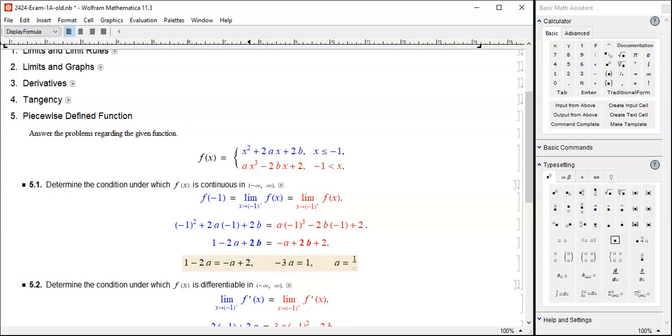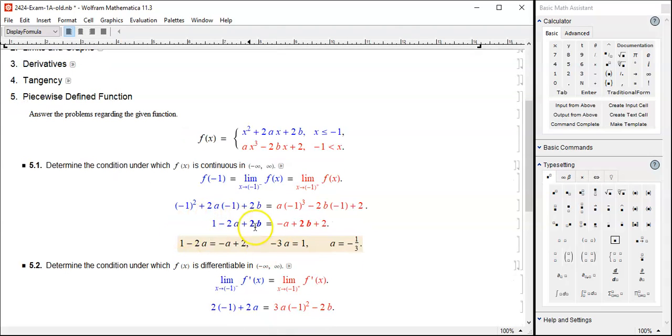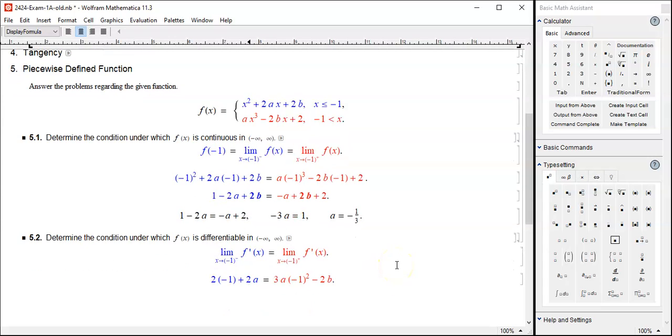A equals to negative 1/3. So we get a value from here because these two canceled each other out, luckily, and then we just got this a value directly. And then from here you can find b value.